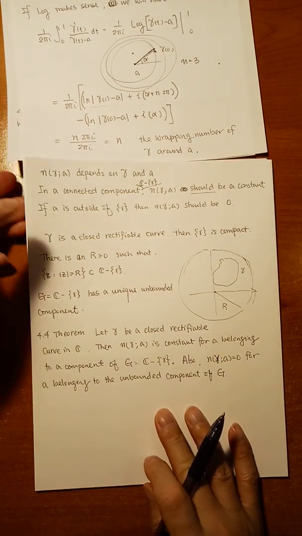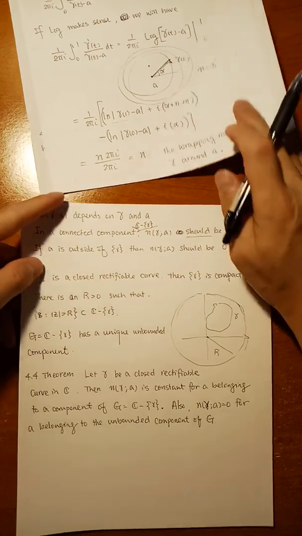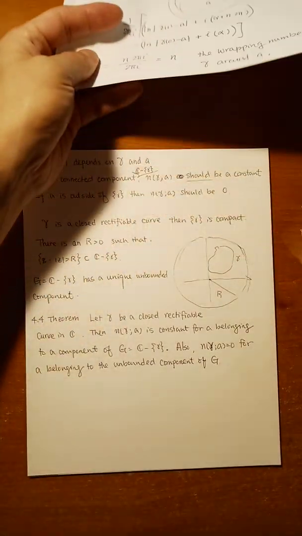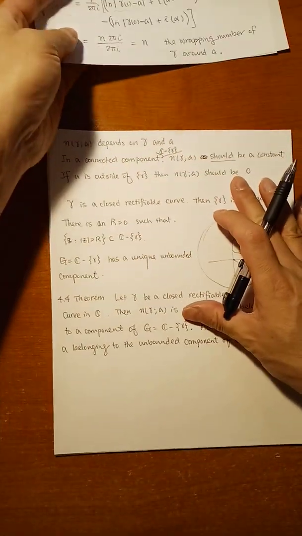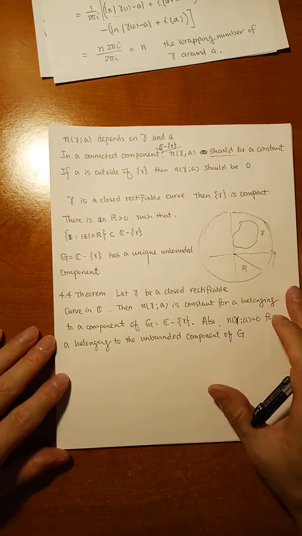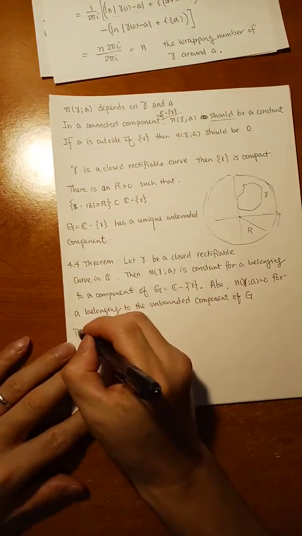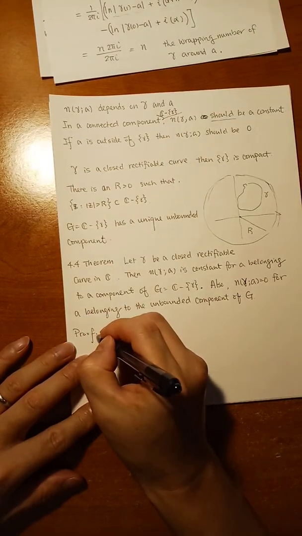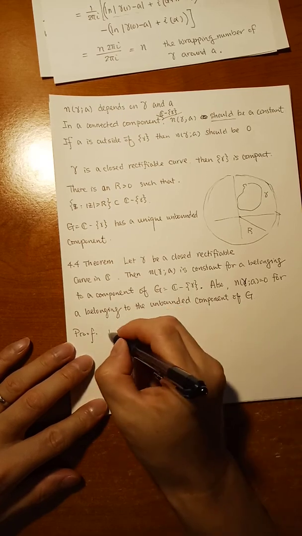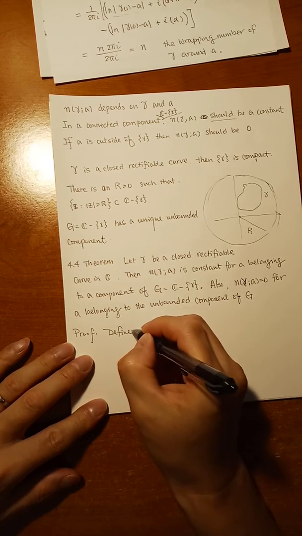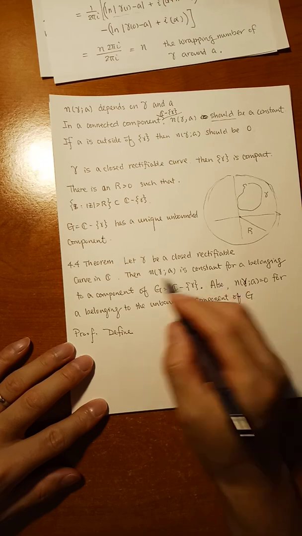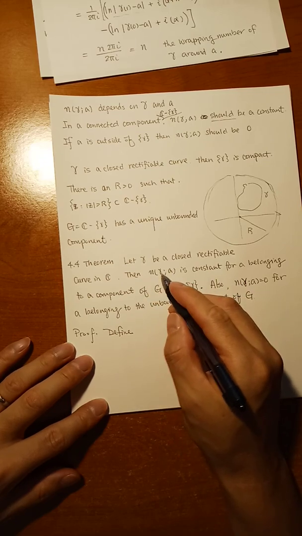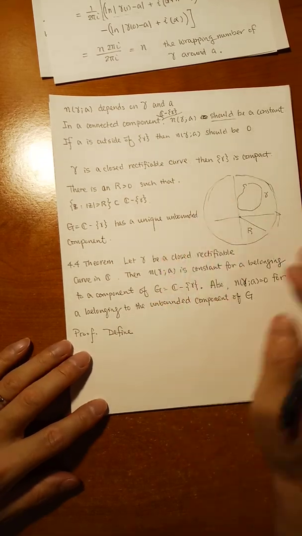All right, so we're going to prove this. How do we prove it? Remember the winding number. Here gamma is fixed, so A changes.